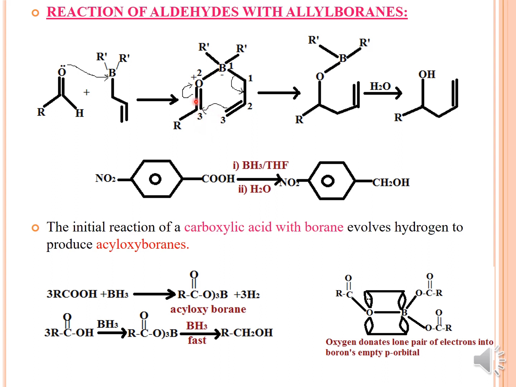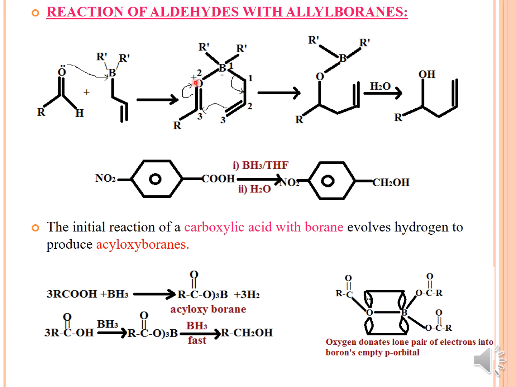Here, if you see, this is undergoing a 3+3 cycloaddition reaction. You can number 1, 2 and 3 on the allyl borane part. Then here, 1 is the boron atom, that is, the heteroatom, 2 is the oxygen, and 3.